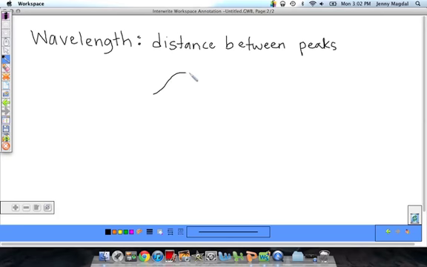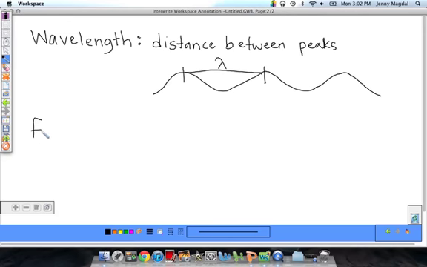So if we've got our waves there, and I pick two peaks, that distance between there and there is my wavelength, which we often denote with the Greek symbol lambda, meaning wavelength.